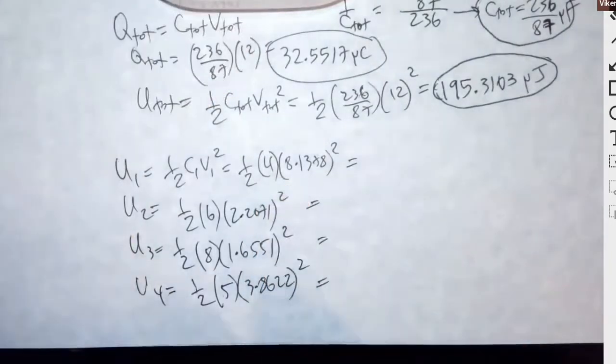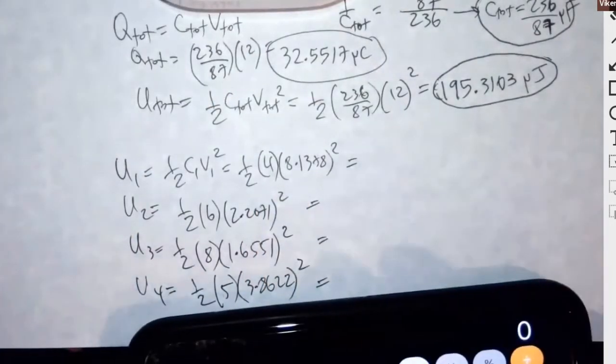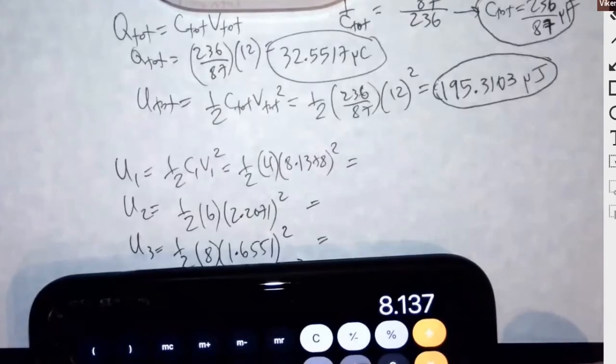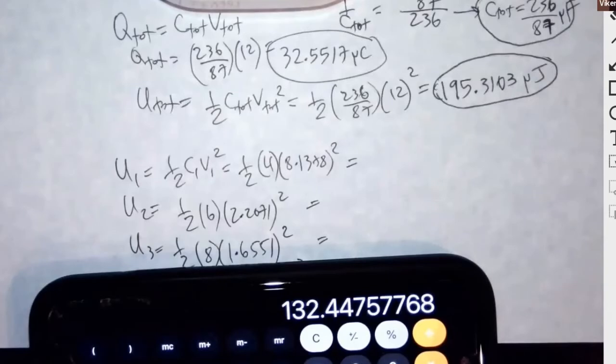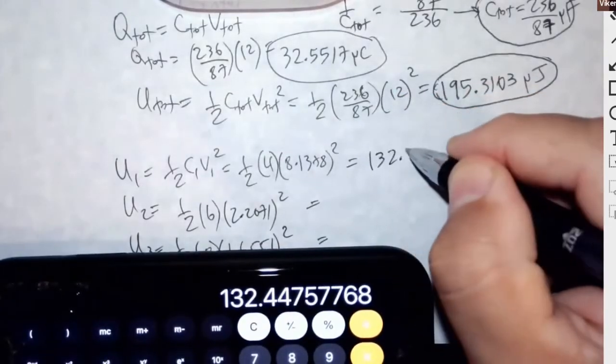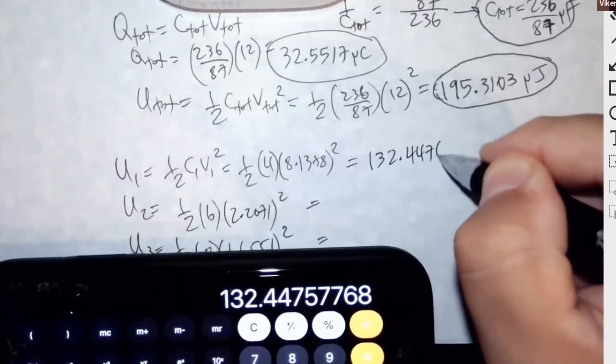So here's going to be 2 times 8.1378 squared. Okay. 132.4476.